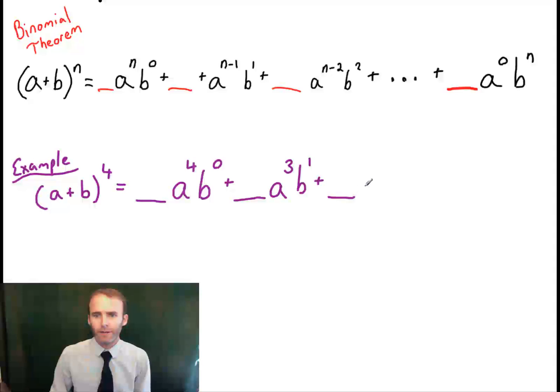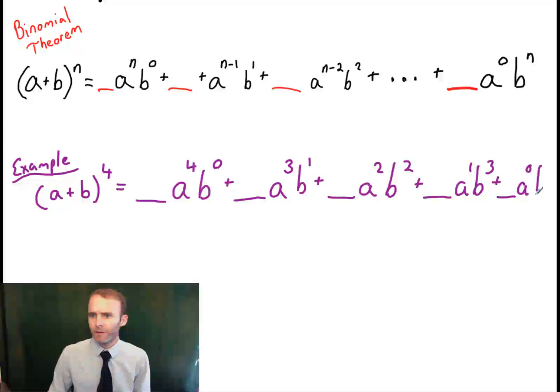So another blank. A, now we're down to 2, we're counting down, b is counting up. Another blank, a to the 1st, b cubed. Now last one, now a is at 0 and b is to the 4th.